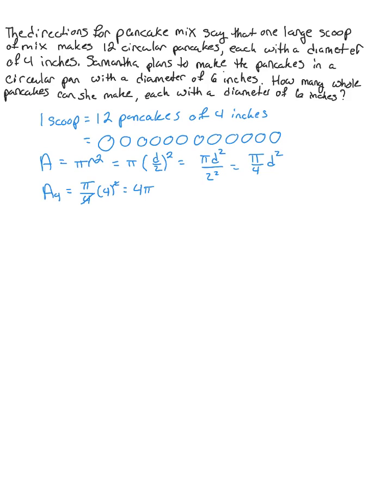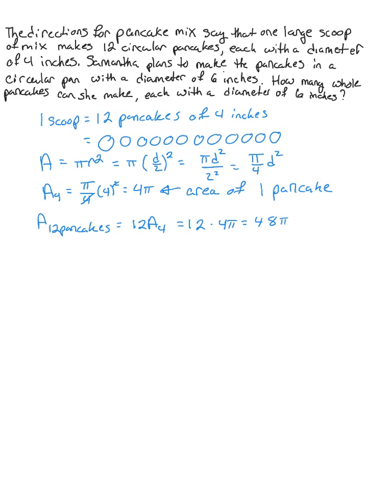So that's the area of one pancake. So the area of 12 pancakes is equal to 12 times the area of one pancake of 4 inches in diameter. It's going to be equal to 12 times 4 pi, which is equal to 48 pi.